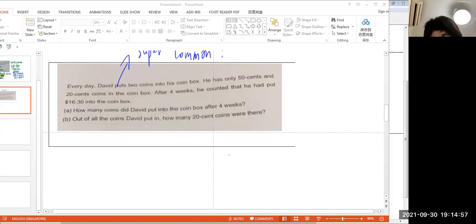A is 56, right? So 4 times 7 days is 28. 28 times 2, 56. So 56 is the total. So if you assume U number of 20 cent, then 56 minus U is the number of 50-cent coins. So that you can fill up in the number column. Then the each is 20, 50, and then you get the total already. Then you can actually solve the question very fast.